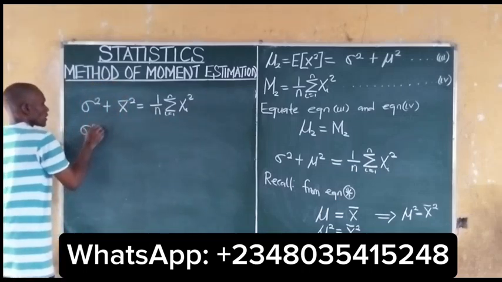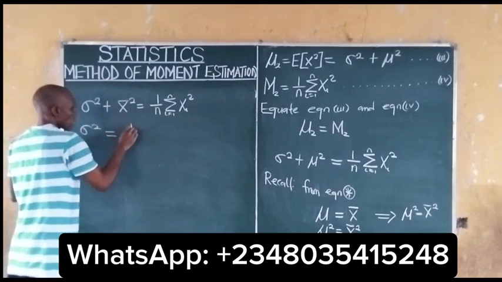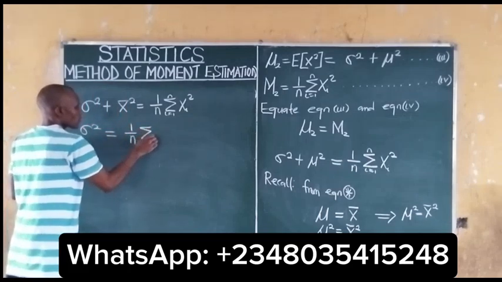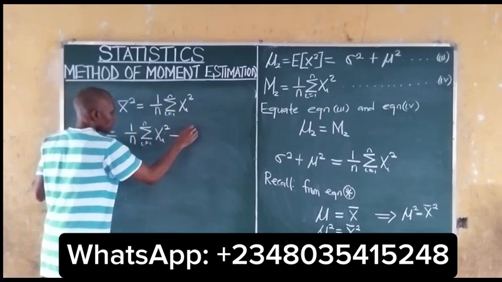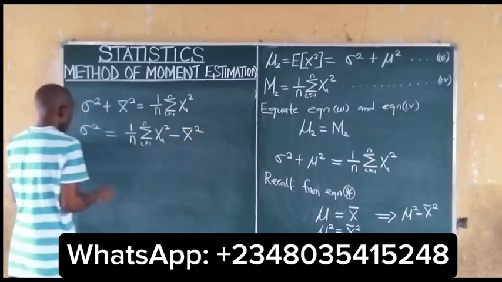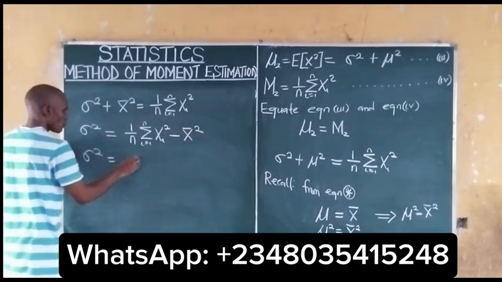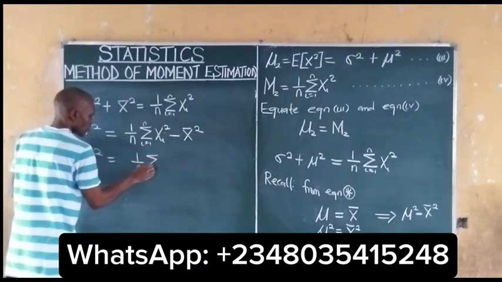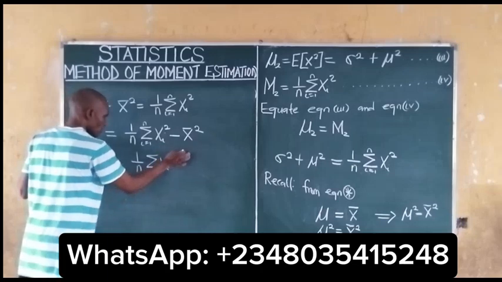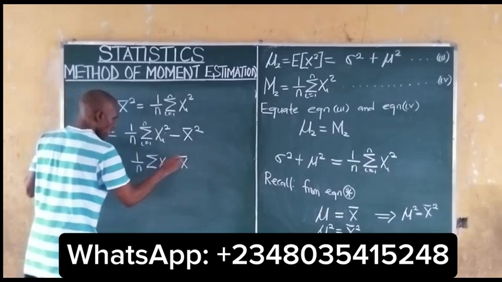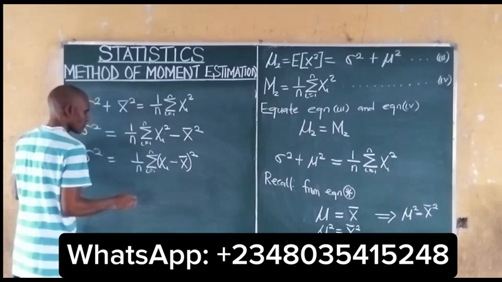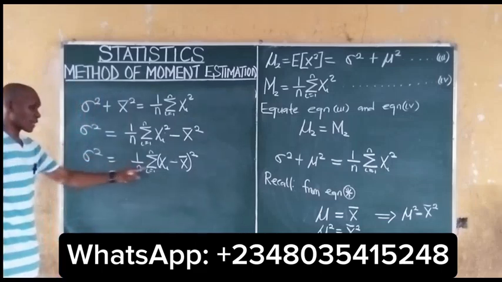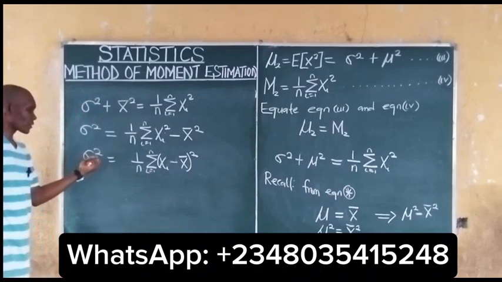So we have sigma squared equal to 1 all over n summation of xi squared, i running from 1 to n, minus x bar squared, since it is moving over to this side. Of course, in mathematics, we can rewrite this as 1 all over n summation of xi minus x bar, squared, as i running from 1 to n. Now our sigma squared is equal to this.